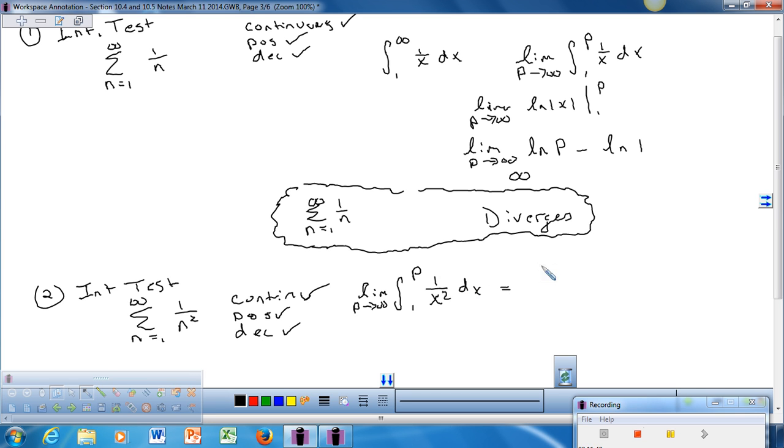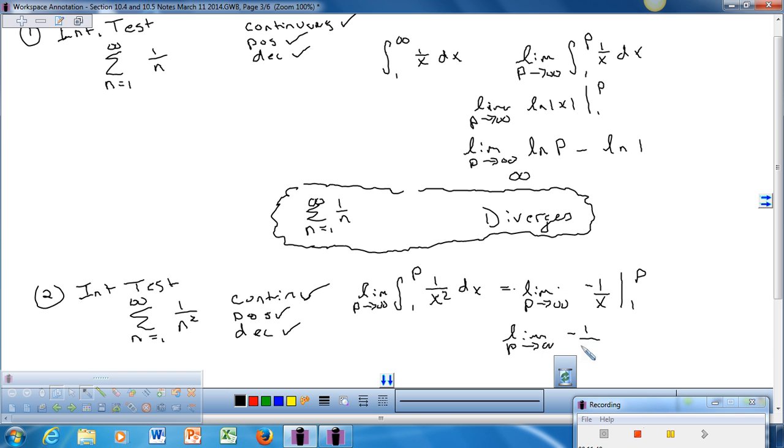The antiderivative is negative 1 over x. My limit in front, the limit as p goes to infinity of negative 1 over x, evaluated between 1 and p. And what happens on this one? Careful.